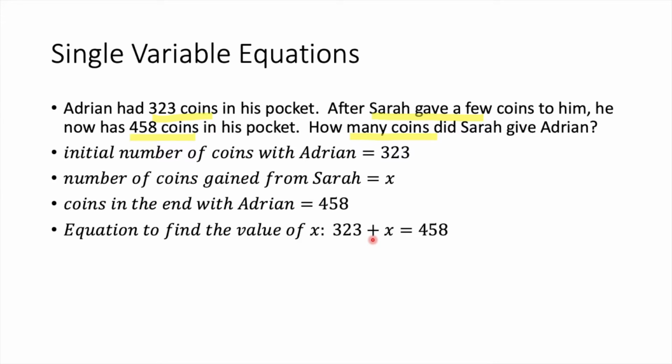In order to do this, we must make sure that all the numbers such as 323 and 458 are on one side of the equation, whereas all the variables like x here are on the other side of the equation. We see that 323 plus x is on one side.